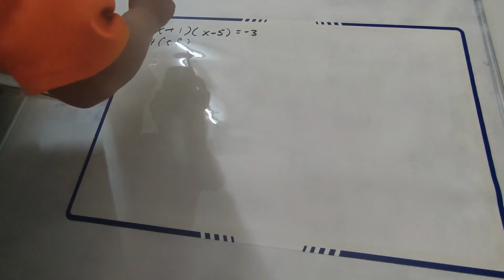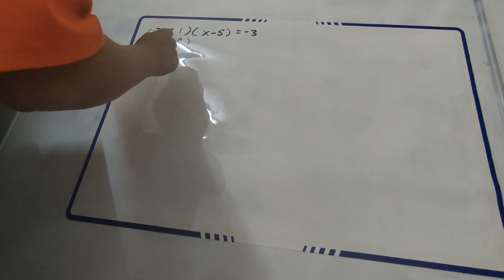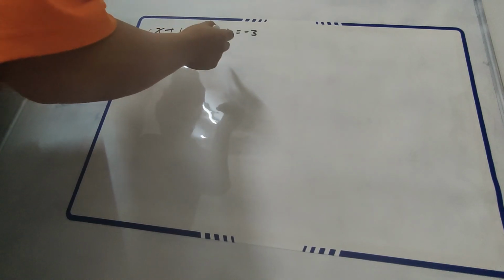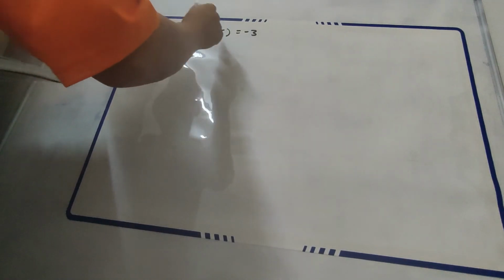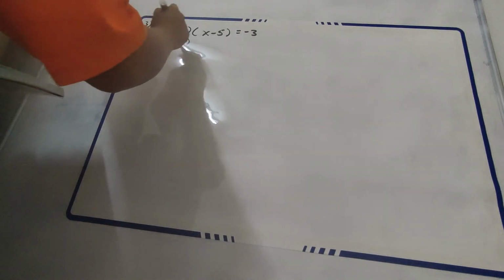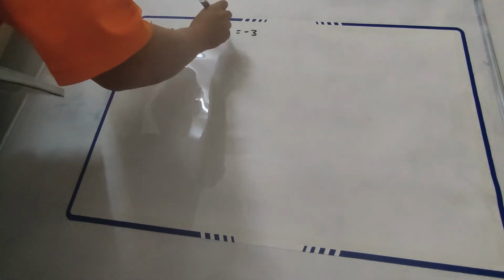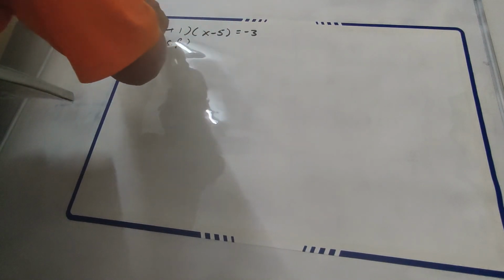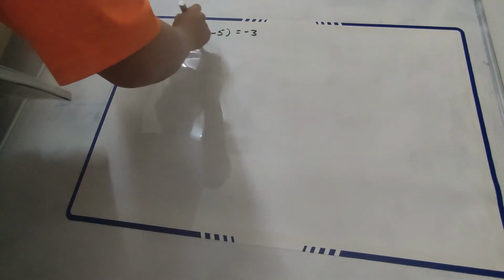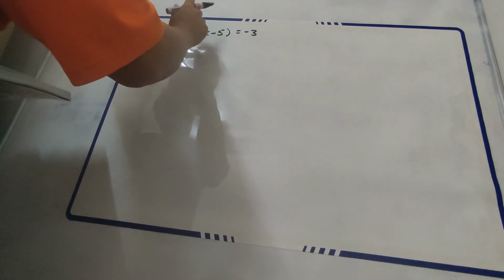Even for answers with significant figures, you can use the quadratic formula, and it is very fast to solve. So to solve question number 3, first you try to complete the factorization, to make it a complete quadratic equation first.